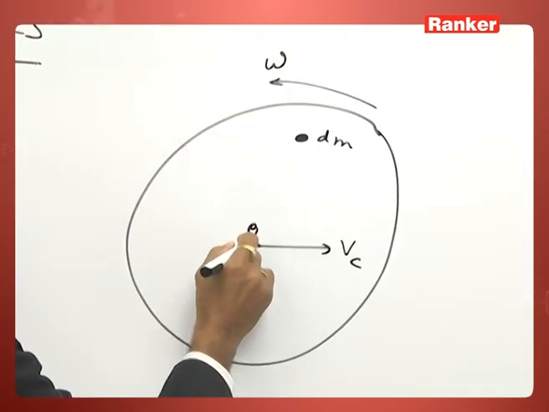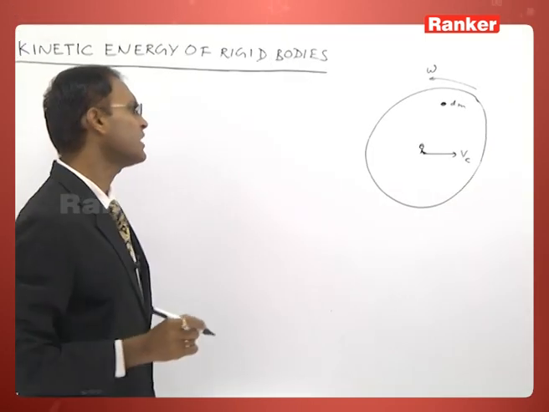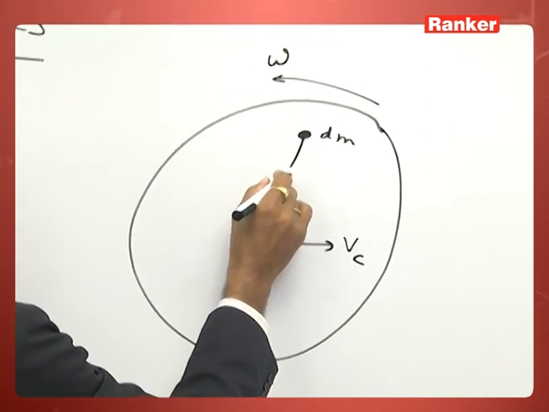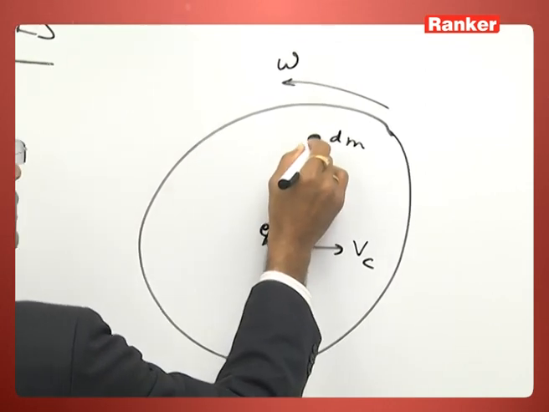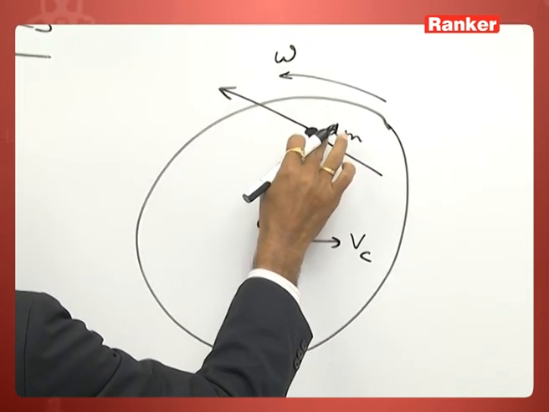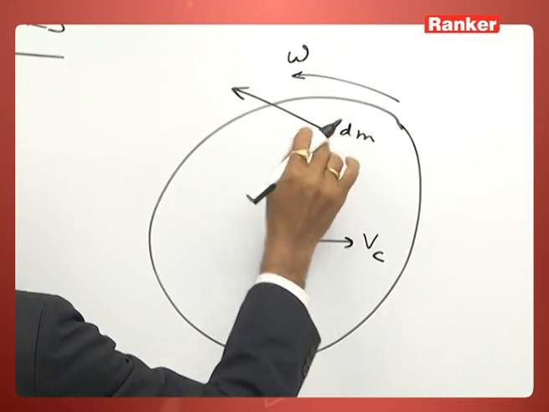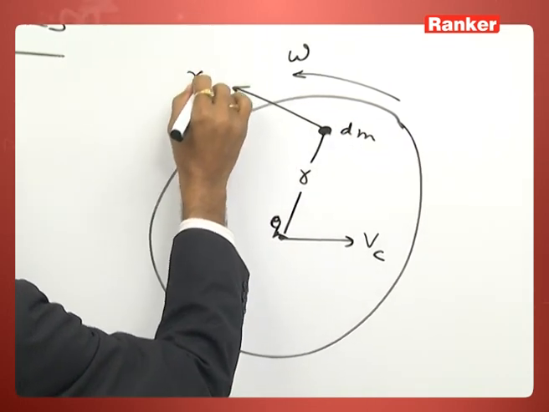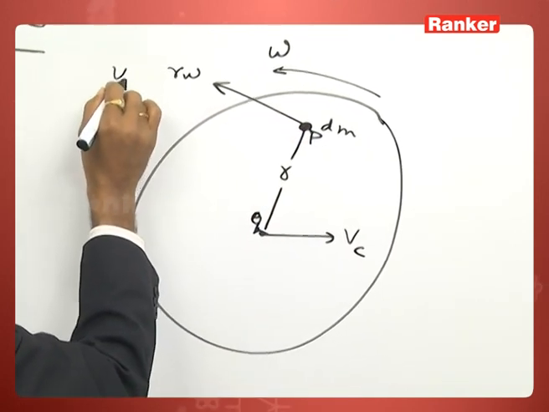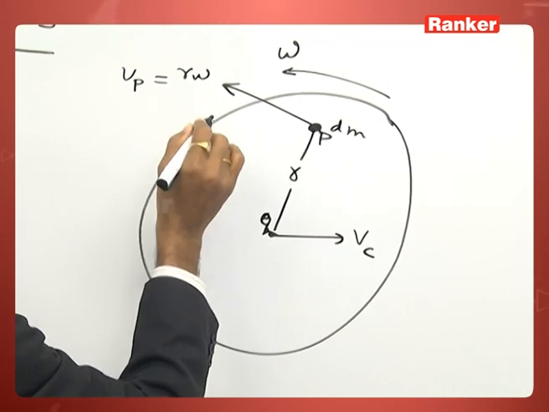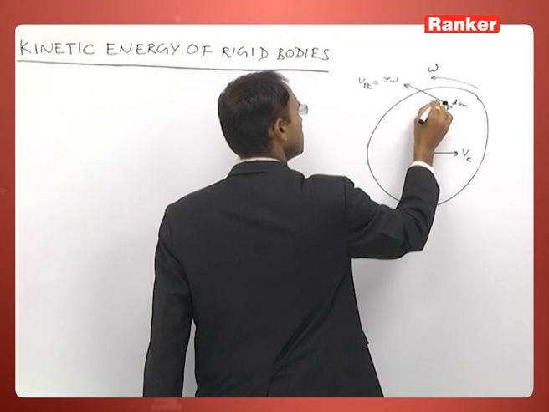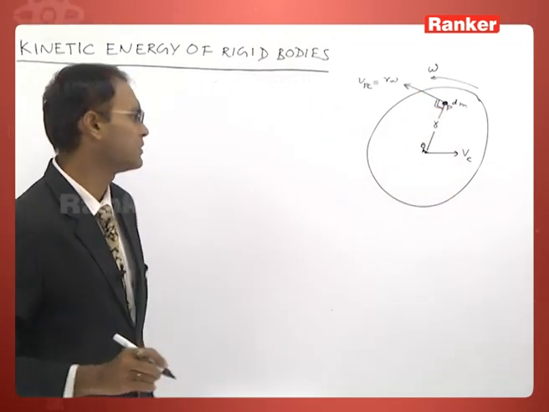If you stand at the center of mass, you can see that the small segment moves in this way with the velocity r omega, and that is the velocity of the element with respect to the center of mass, as we have discussed in the kinematics of rigid body.